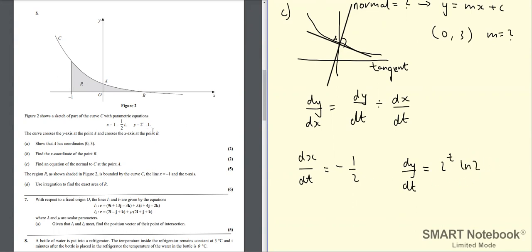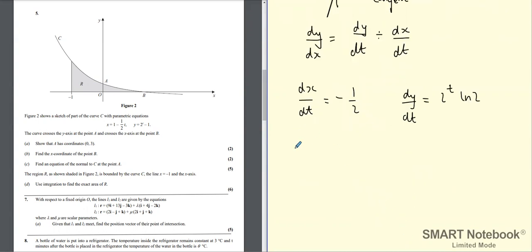And when we differentiate 1, we get nothing. So therefore, the gradient of the tangent, which is given by dy by dx, is going to be 2 to the power t ln 2 over minus a half.